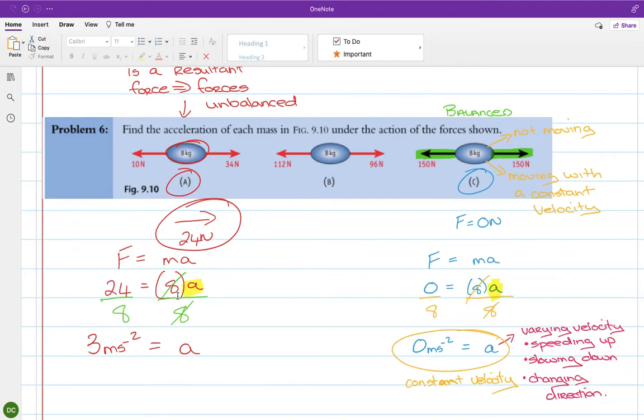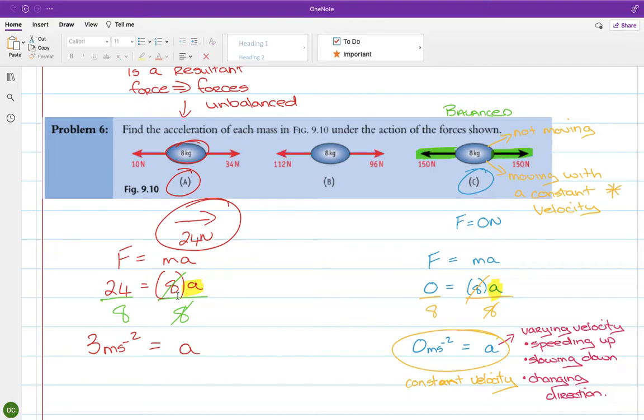And then as it picked up speed, the force to the left, the one over here, got bigger and bigger and bigger to the point where they became balanced. Okay, so if the object was already moving and then the forces became balanced, what happens then is it will continue moving, it just won't accelerate anymore. It will continue moving at a constant velocity. Okay, so that's this scenario down here.